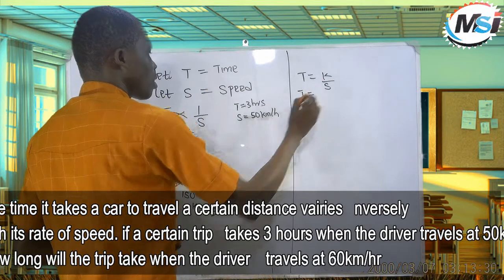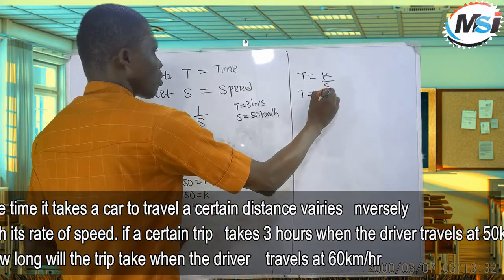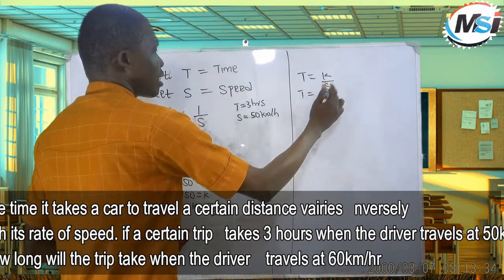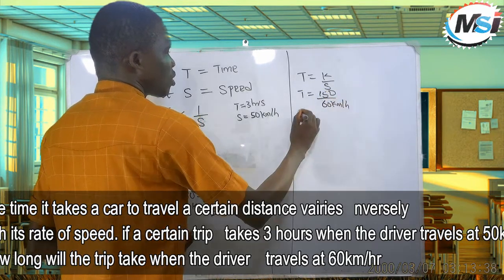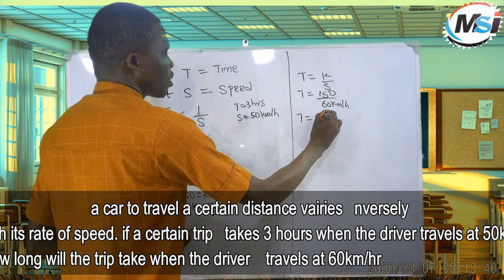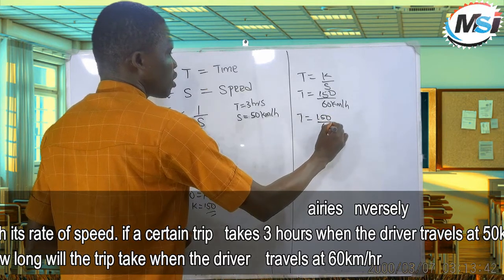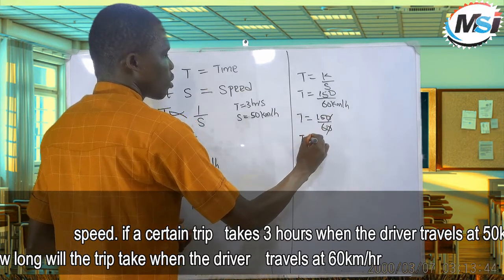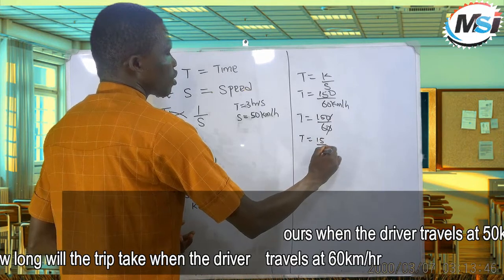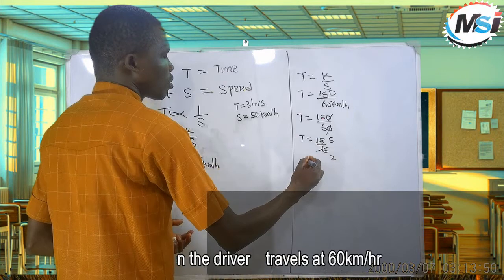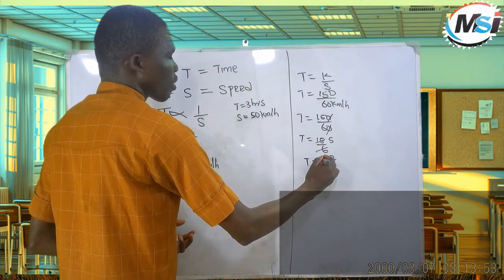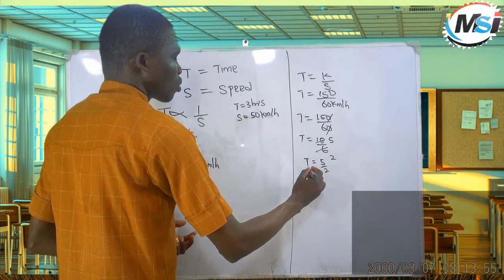T is what we are looking for, and k is 150, while s is 60 km/h. So t will give us 150 all over 60. 0 cancels 0. T will give us 15 all over 6. 3 here, 2; 3 here, 5. So t will give us 5 all over 2.